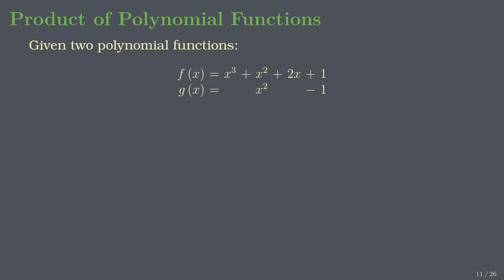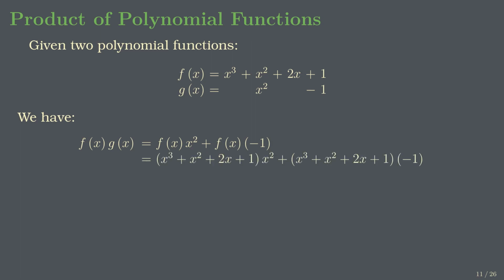So for example, here we have f(x) is a cubic function and g(x) is a quadratic function. Then if you want to compute the product of f(x) and g(x), first you can break it down into two smaller pieces where we multiply f(x) with the leading term x squared, and later we multiply f(x) with the constant term of g(x), meaning f(x) multiplied by -1.